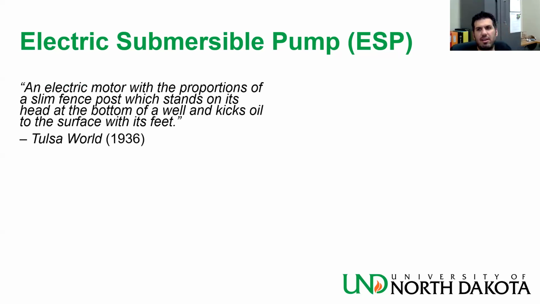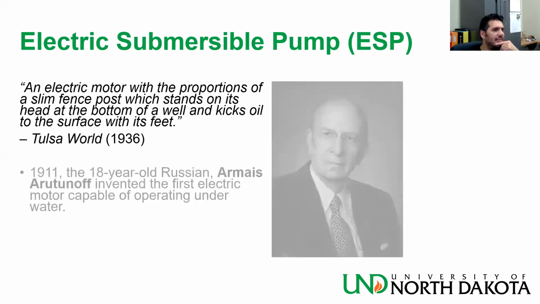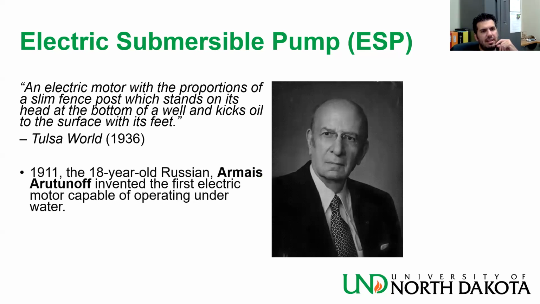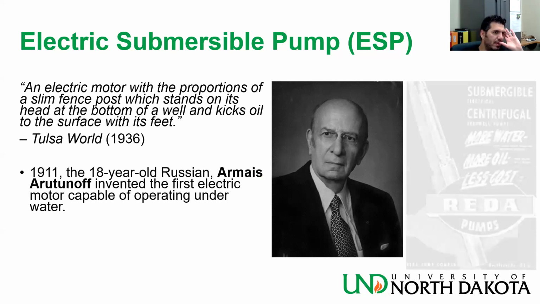That's what the Tulsa World newspaper used for describing the 1500 feet electric submersible pump. Now, in 1911, it was Mr. Armais Arutunoff who invented the first electric motor capable of operating underwater.